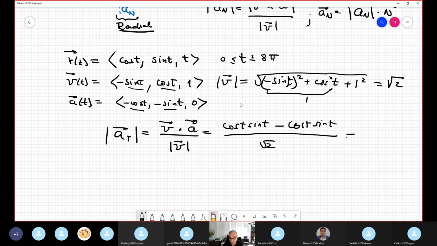Divided by radical 2, but it is 0, wow. So in this case, I prove mathematically that in this motion, the helix, we have no tangent acceleration. Wow. Because it is circular motion, and I suppose that the speed is constant. If the speed is constant, when you differentiate the speed, dv/dt, it's 0.